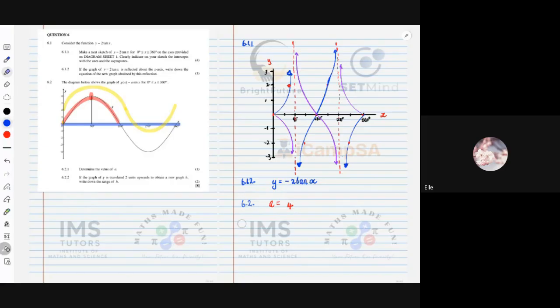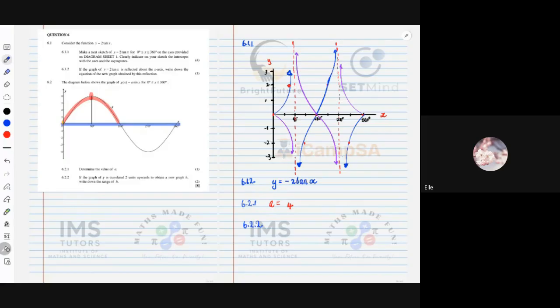That's 6.2.1, the amplitude. Now 6.2.2: translated 2 units upwards to obtain. So we're asked the range. The easiest way to determine the range, if your graph has been shifted 2 units upward, is to go to the range.